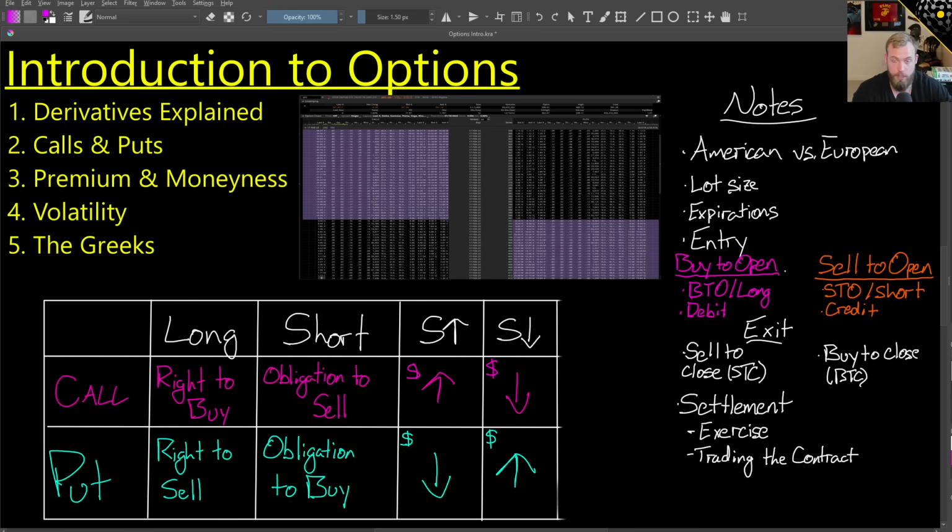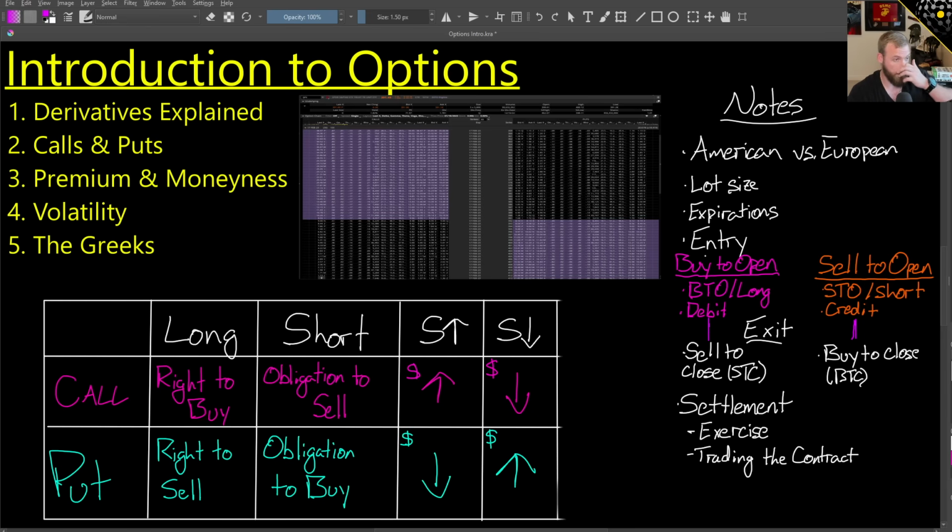So a couple terms that you're going to want to know is buy to open is BTO, and then the inverse of buy to open is sell to close, STC. Then we have sell to open, STO, and then buy to close, BTC. So these are the inverse transactions for one another.